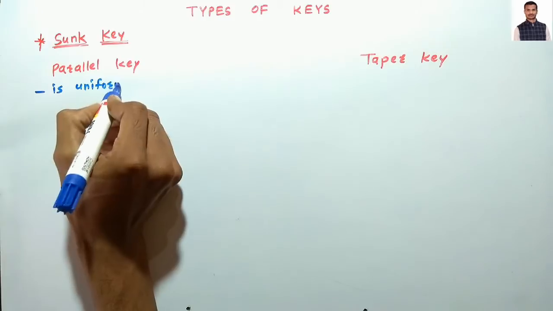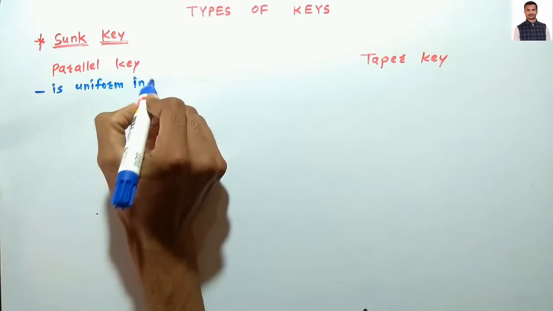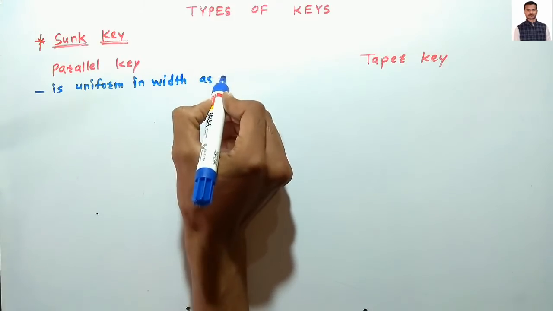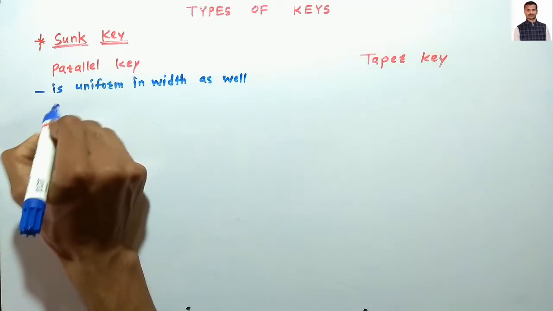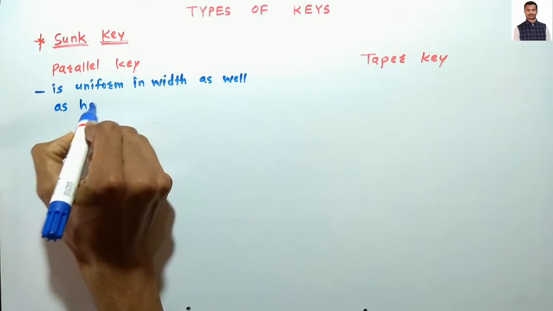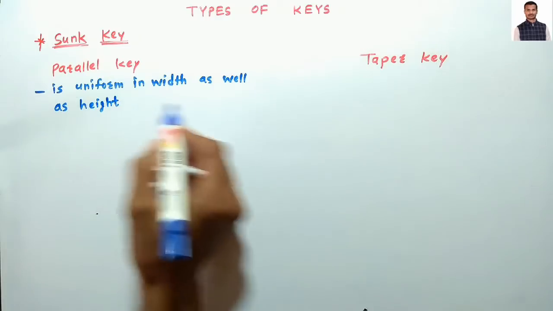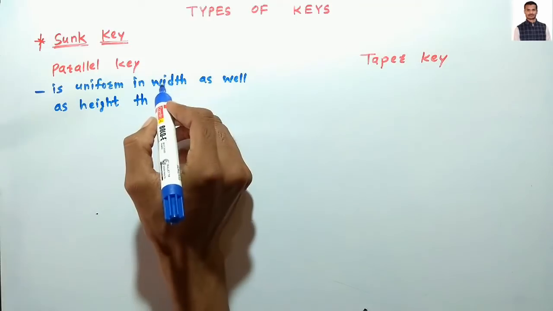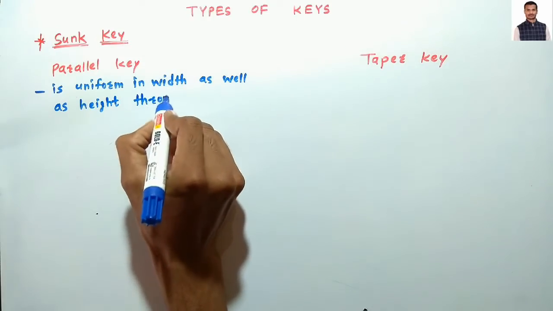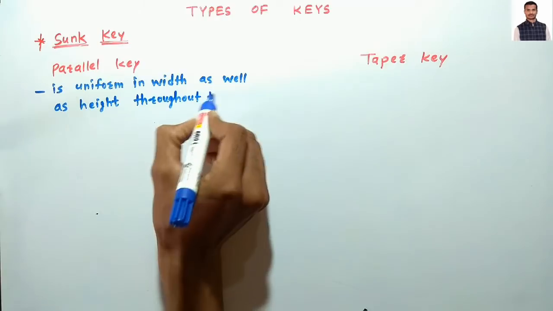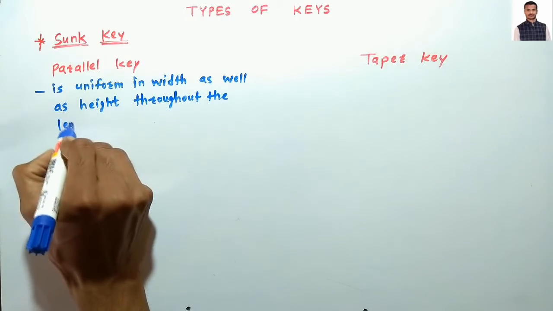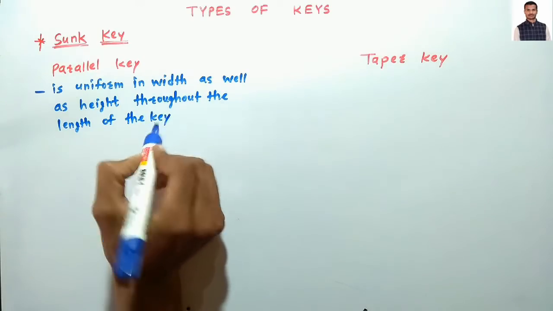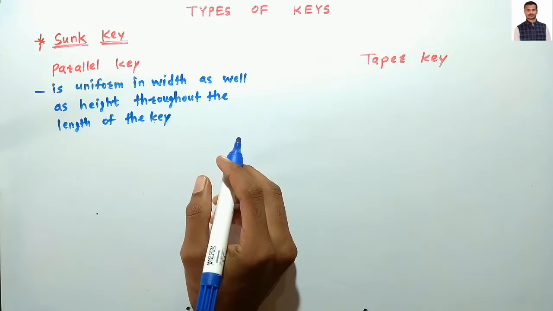Parallel key is uniform in width as well as height throughout the length of the key. So that is called a parallel key.